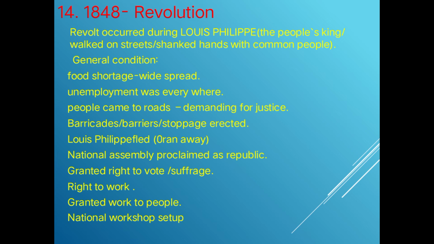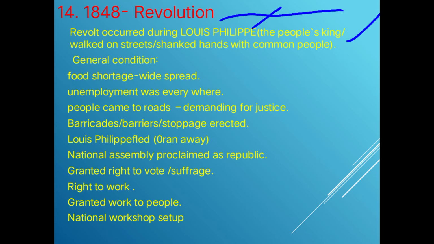If they ask about the 1848 revolt in France, the board questions this. It took place in the time of Louis Philippe. He is called the people's king, who did not consider that the royal image has to be maintained.